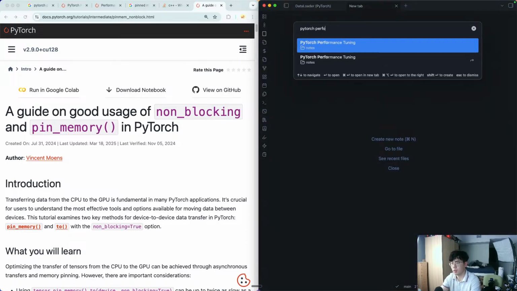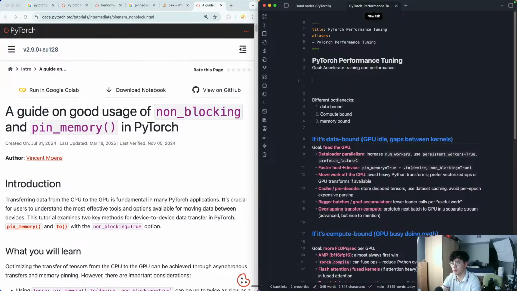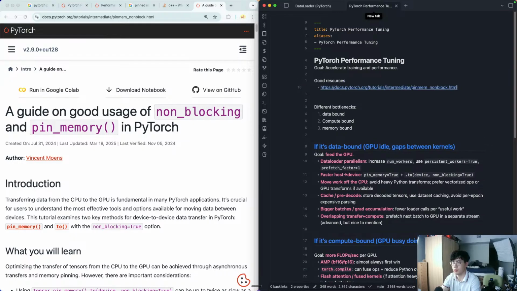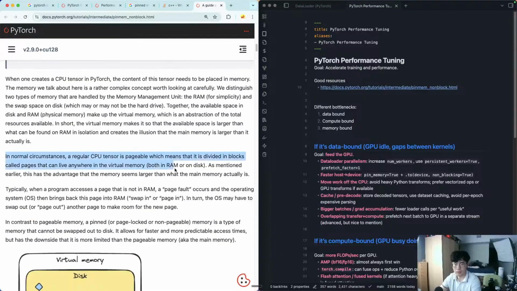PyTorch. Okay, we know this. I'm glad I know all of this.